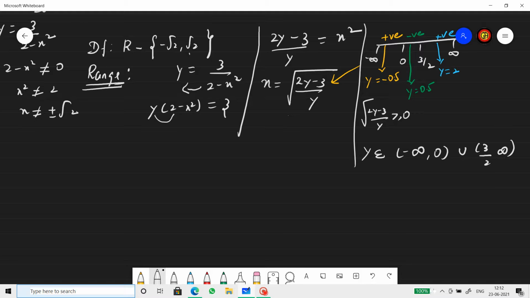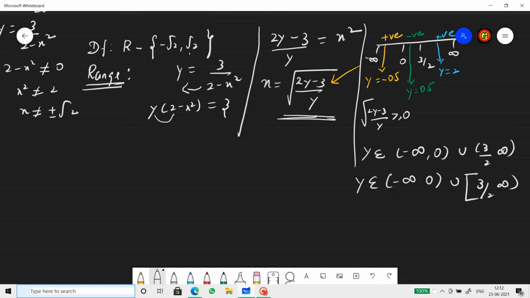Well, that depends on this one. I have y in the denominator, so that means y cannot be 0. I will be excluding 0, but I'll include 3 by 2. So y belongs to, step by step working, minus infinity to 0 union closed bracket 3 by 2 comma infinity.